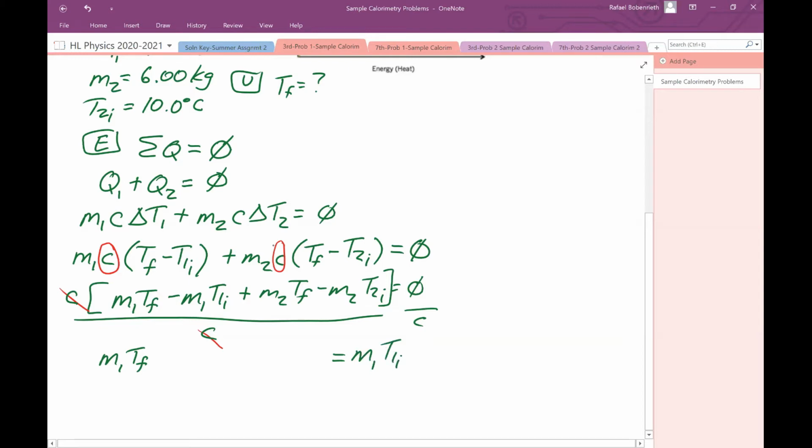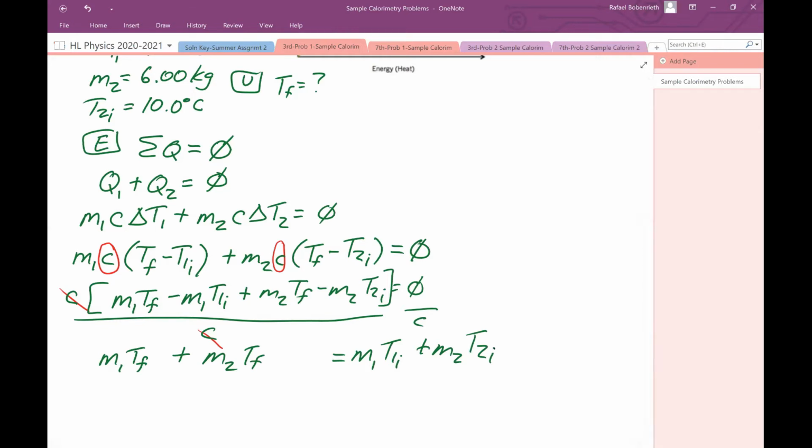Notice that when it goes over there, the sign on it changes, so to speak. This is M2 final temperature, and this is M2 T2 initial. So notice I have 2 terms on the left, 2 terms on the right.